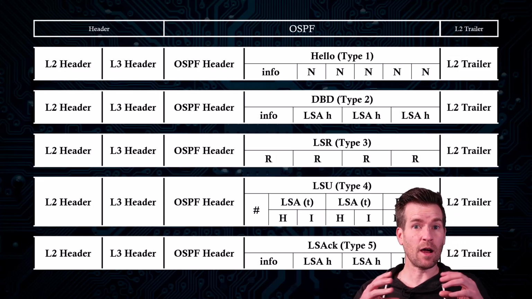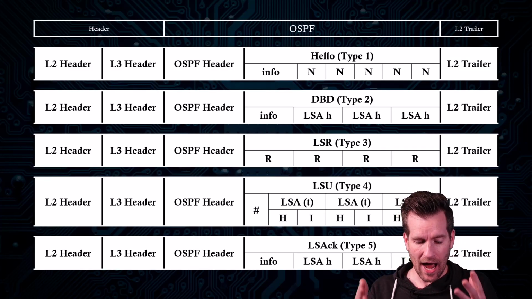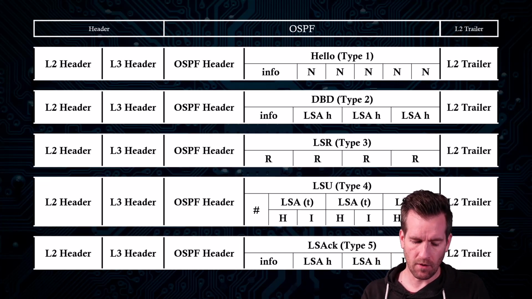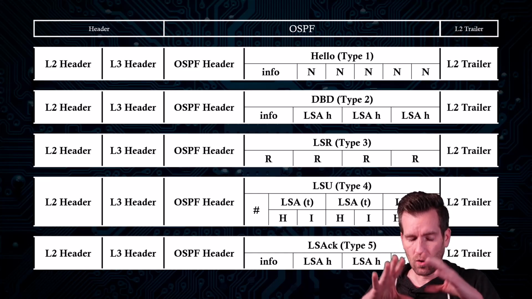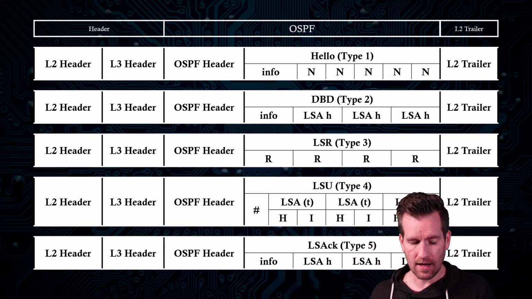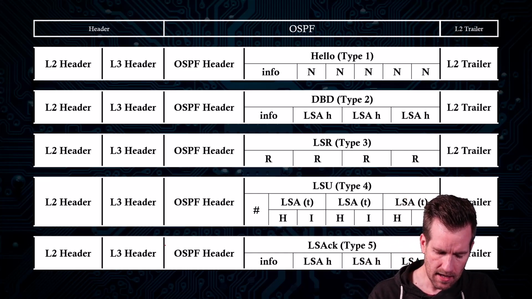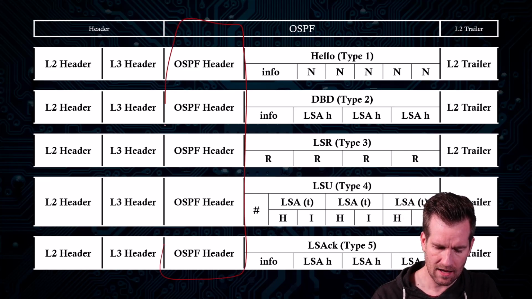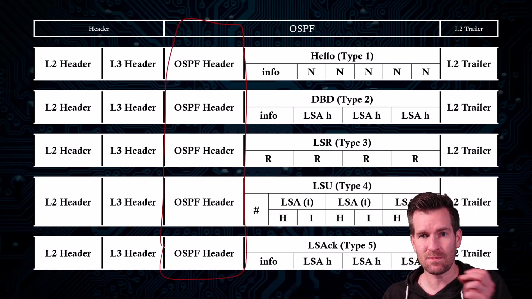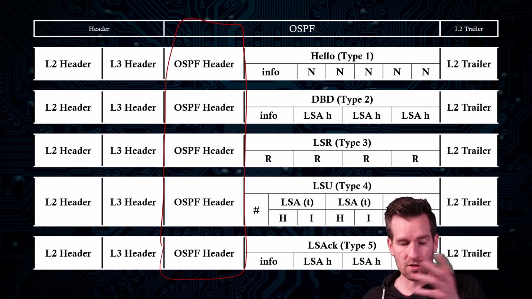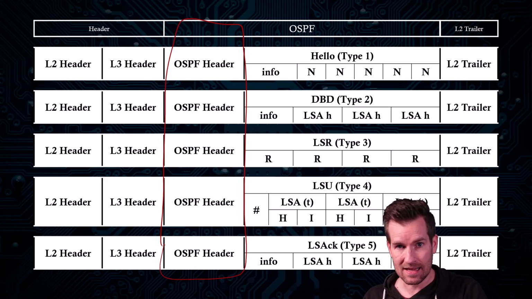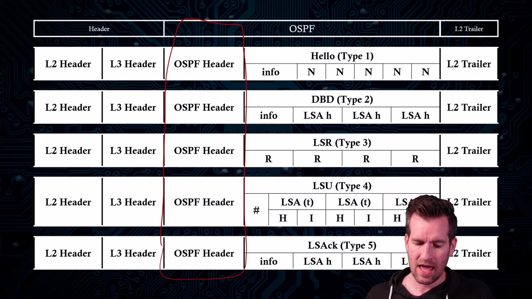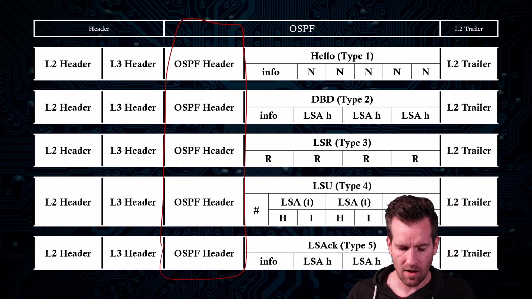So really, if I were to sum up this video, I'd get back to this slide, which we've already looked at. This slide outlines the whole summary of everything that we talked about, to include the OSPF header right here, which has certain information that's being passed back and forth between two routers. It lets them know, hey, I'm talking to you, and I'm talking this OSPF language, and some details about those routers.